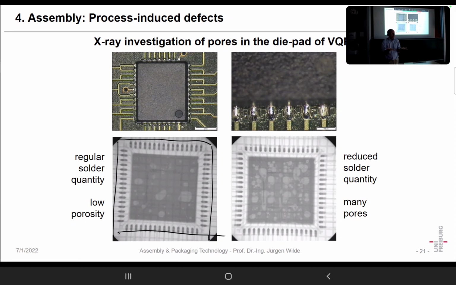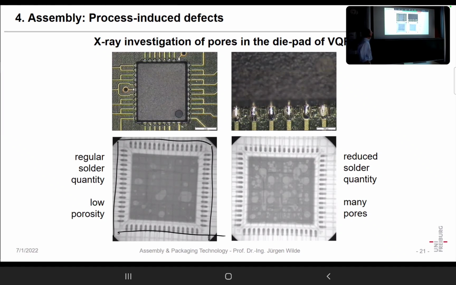Why do we have that? Yes, it's a heat dissipation, but what is important is that there is no porosity, because a pore will not transfer heat properly. And especially we do not want to have a larger pore under the chip. To the left, I called it low porosity. I would say it doesn't look so well.